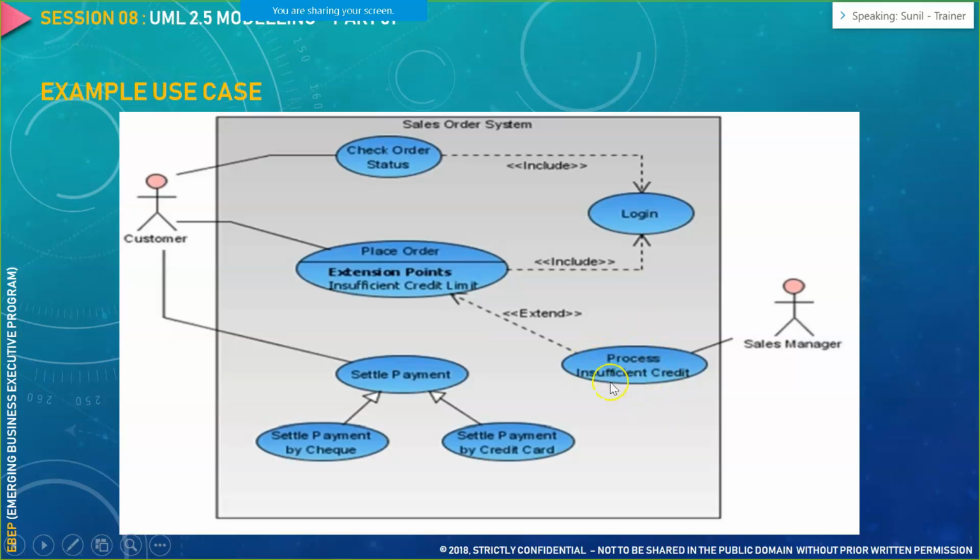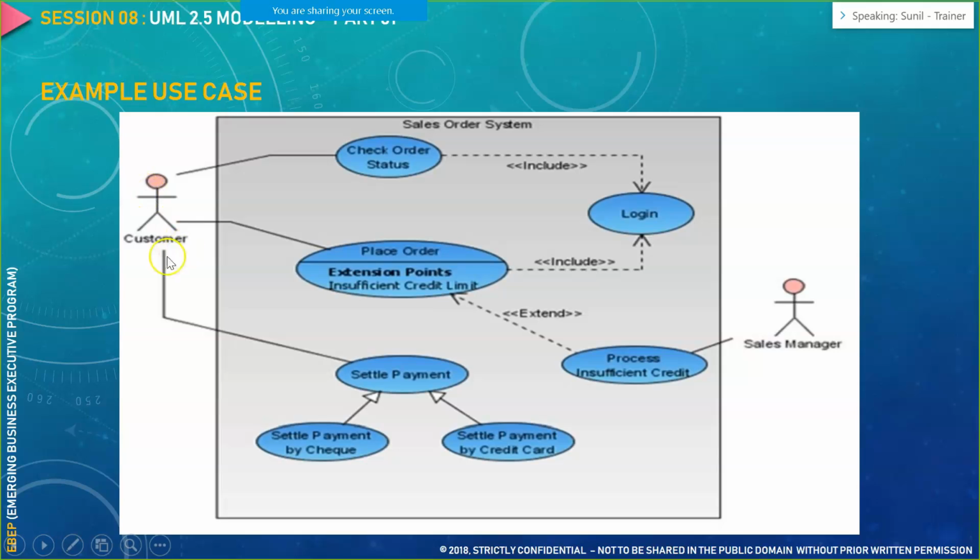Now process insufficient credit would be extending the place order functionality. Place order is a use case that is part of the system, which would extend the process insufficient credit. And who would process the insufficient credit? It's the sales manager.